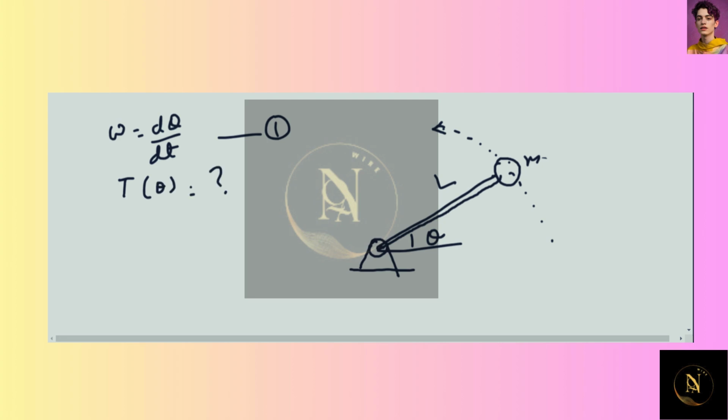Let us draw the free body diagram. Its weight mg, this will be theta. Your weight mg will act in this direction, it will be mg sine of theta.